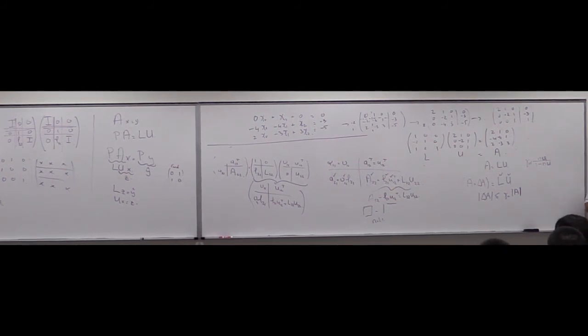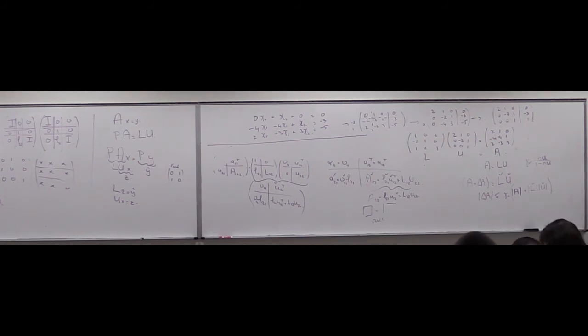But life is not that beautiful. There is a plus |L check||U check| that comes in. Remember, this is just all of the entries of the computed L in absolute value, which is of course the lower triangular matrix, times an upper triangular matrix where you took all of the computed values and took the absolute value of those. Okay?